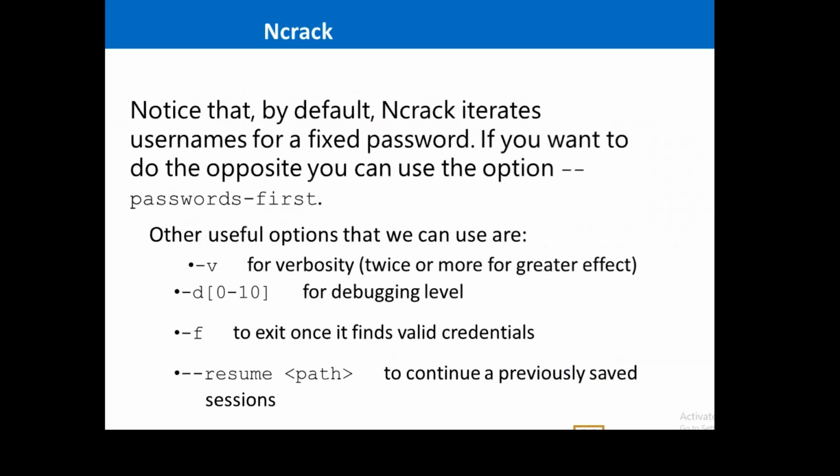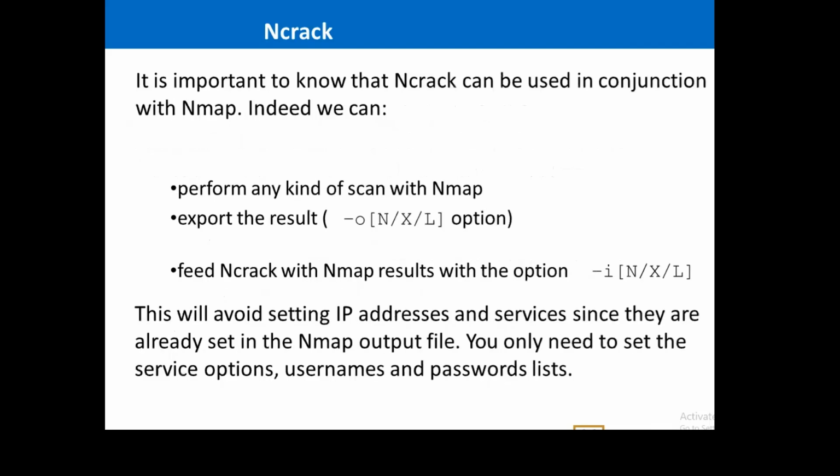By default, Ncrack tries usernames for a fixed password. If you want to do the opposite, you can use the password-first option. There are different options available. You can use verbosity, you can set the debugging level by using -d, and you can also use -f to exit once it finds valid credentials.